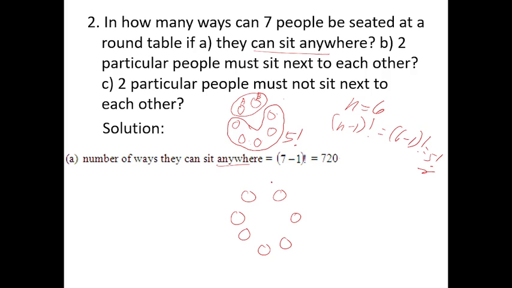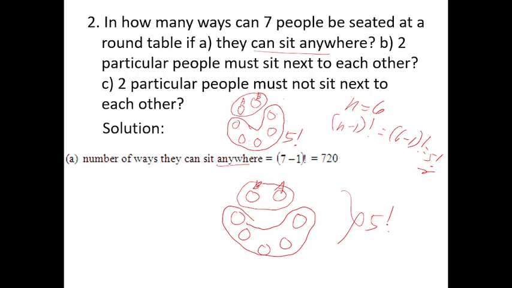Dito si B, dito si A. Tapos, mag-a-arrange yung 5. Ibig sabihin, another 5 factorial. Magbabaliktad sila ng upuan.